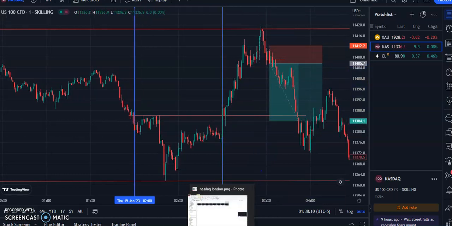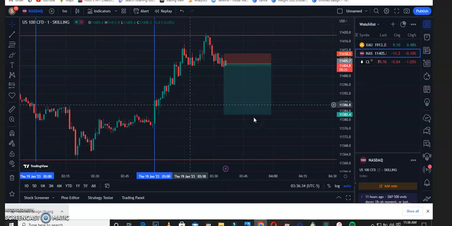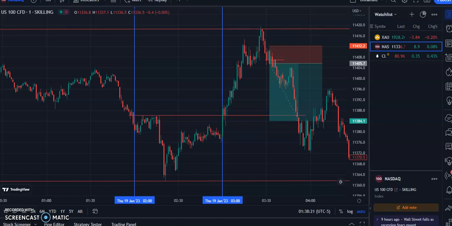Now when the volatility of the market is high, then that means the risk is higher, but the reward is also high. Now, let's talk about something new. Say we are talking about risk management.